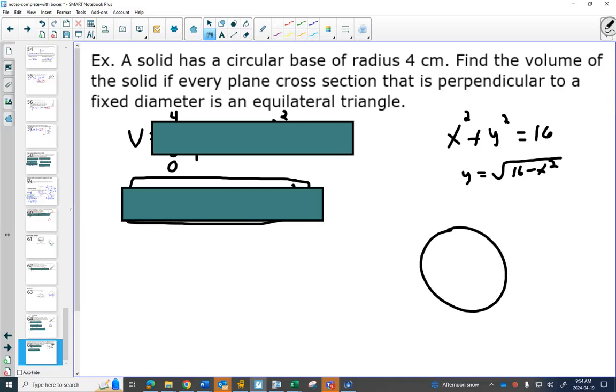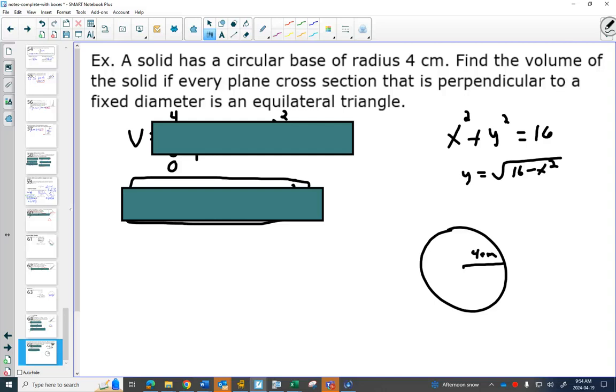Here's our base, right? A solid has a circular base with a radius of 4 centimeters. Every cross-section that is perpendicular to a fixed diameter.